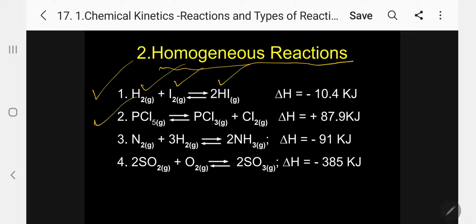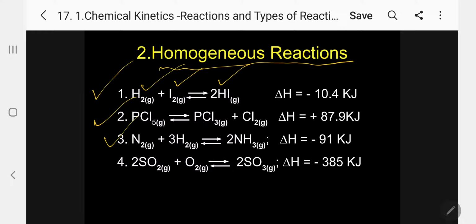Number 2, PCl5 gas, reversible arrow, PCl3 gas plus Cl2 gas, delta H positive. So negative means exothermic, positive means endothermic. So it is also homogeneous. All are gases.